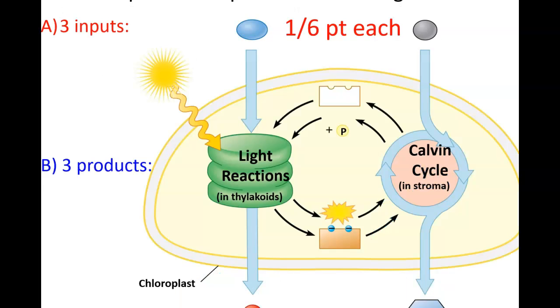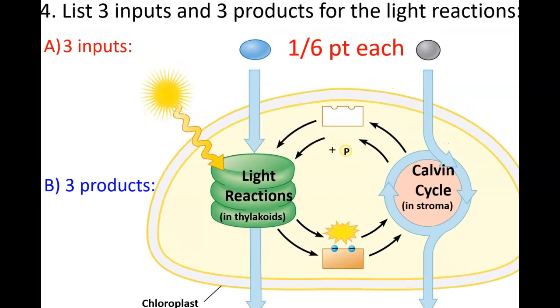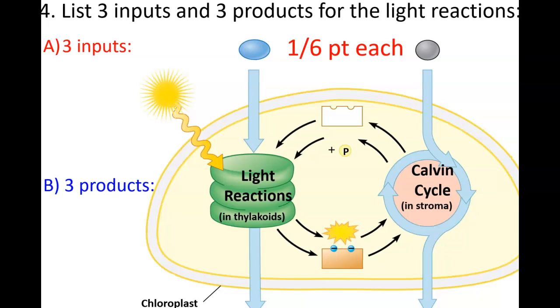Next slide, question number 4: list your 3 inputs and your 3 outputs for the light reactions. This is a 6-point question. So what are some of your inputs? Light is going to be one of them.